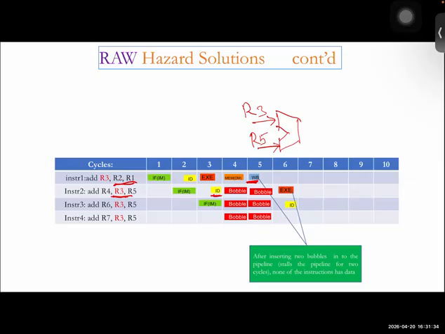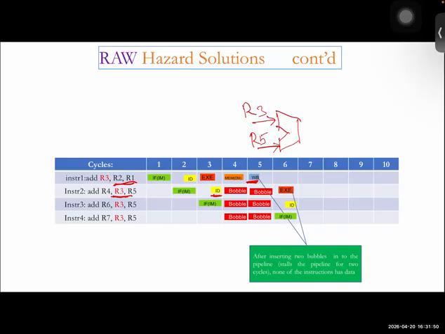When instruction 3 moves to the instruction decode stage, instruction 4 is allowed inside the pipe, fetching from instruction memory.